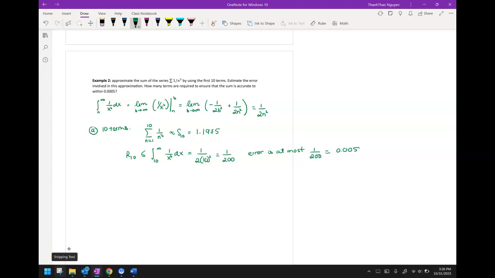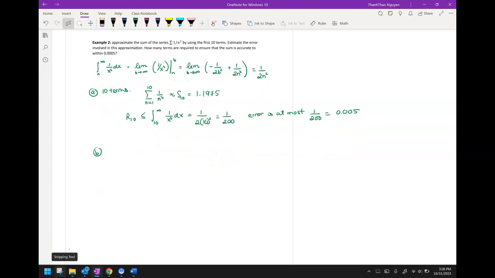Well, the next thing is, how many terms do we need in order to get something that is within 0.0005? Well, we were told that R sub n is less than or equal to the integral from n to infinity of 1 over x to the third dx, and we got earlier that this is 1 over 2n squared.